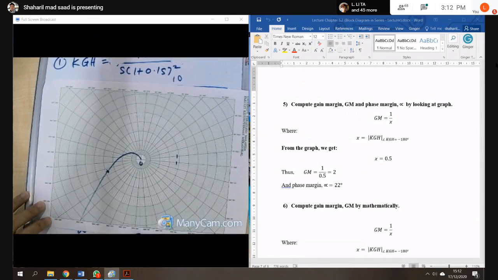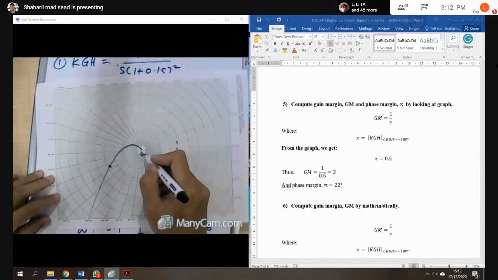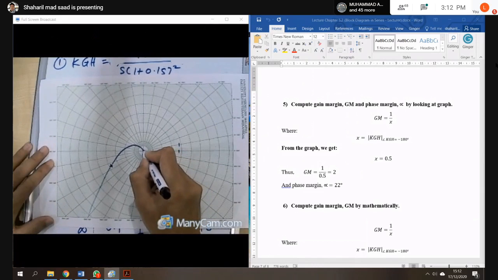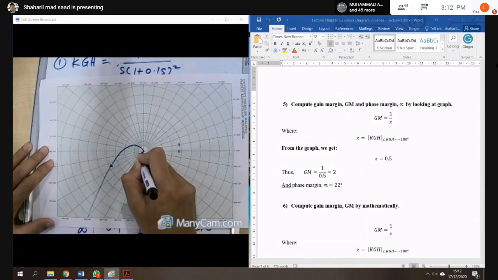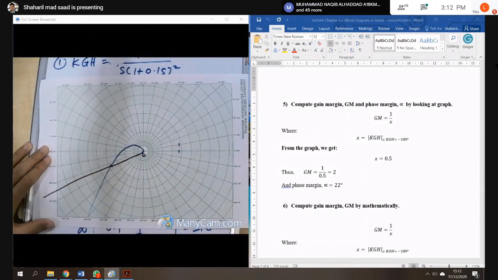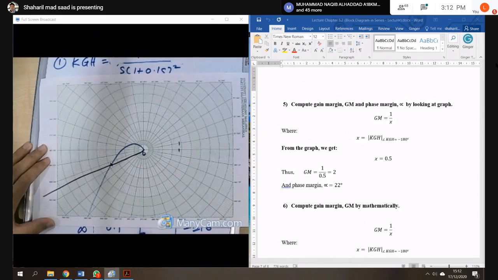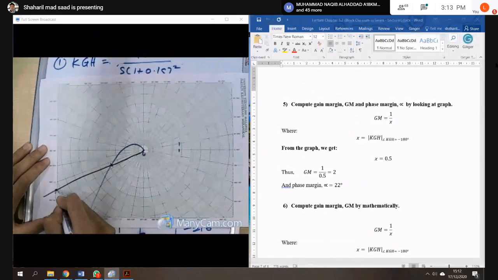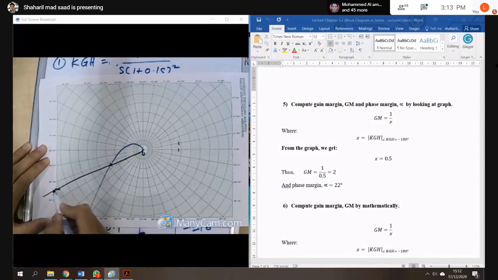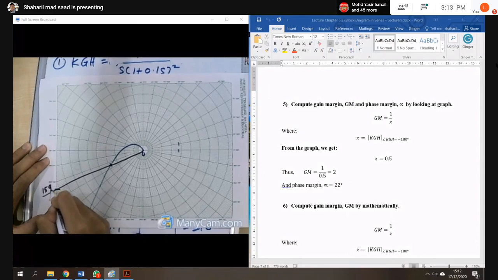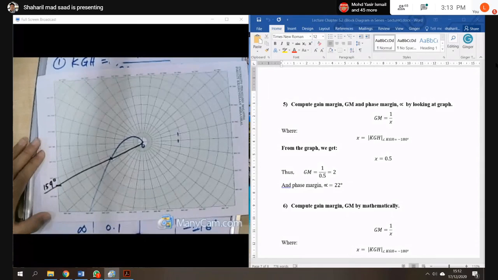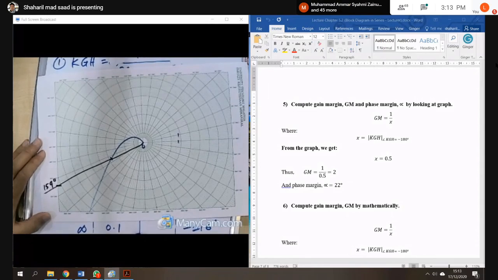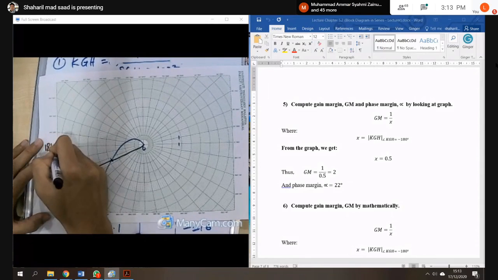Then what you need to do is have your ruler, cross it here, until here. Then you find out what the angle is for this one, for example, 159. So this is your 180.